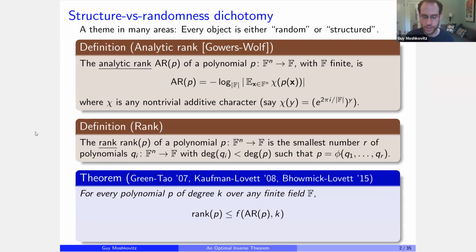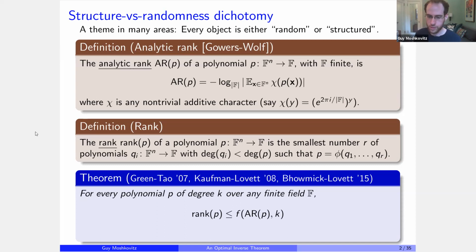And then there was the seminal result of Green and Tao, which was later further refined by several authors. They showed that you can bound the rank as a function of the analytic rank. In other words, if your polynomial is biased, then this can be fully explained by the fact that the polynomial has algebraic structure, can be written as a small number of lower degree polynomials. So that was Green and Tao's result.